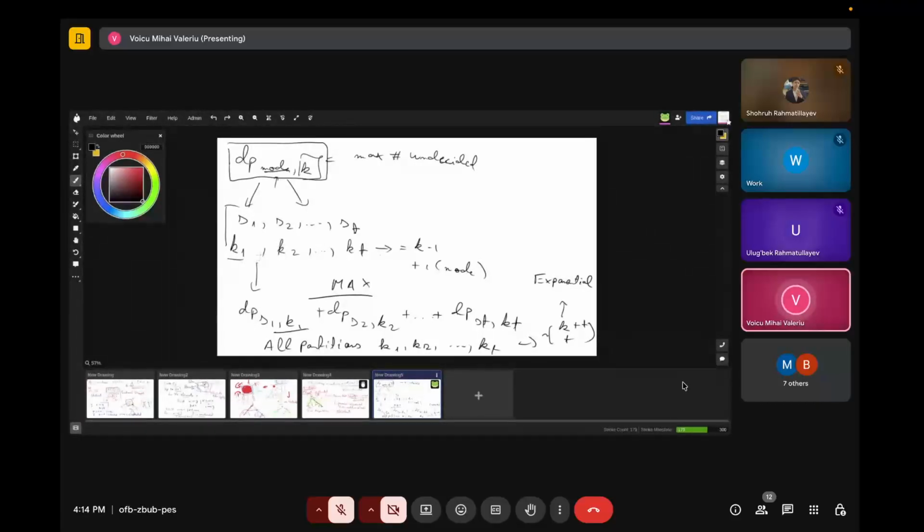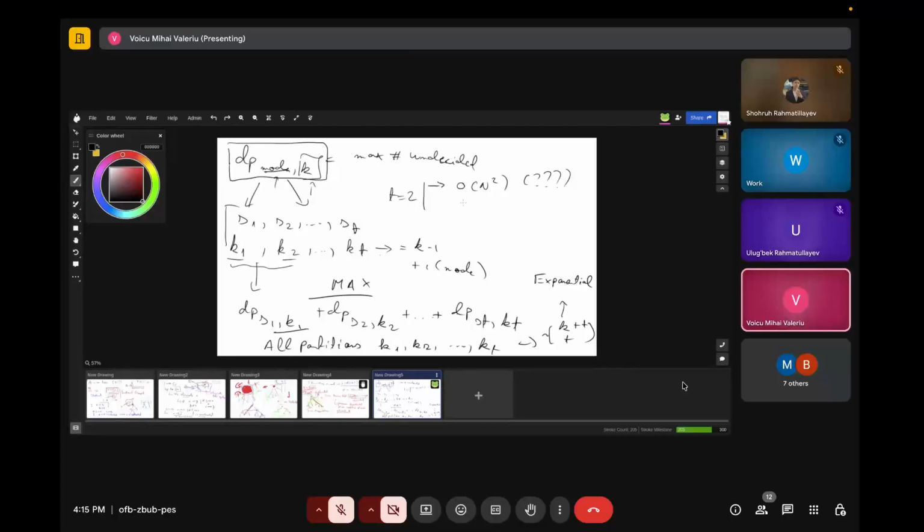To simplify all of this, let's assume that t equals 2, because then we have a very fortunate case where we really have to fix only two values, k1 and k2. Because they both go up to k, it will be like O of n squared. Whatever.